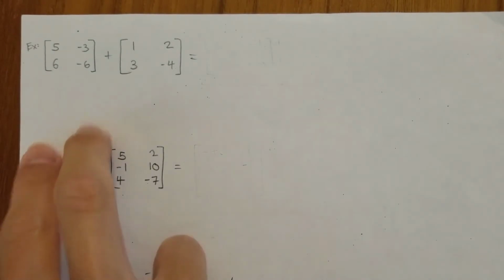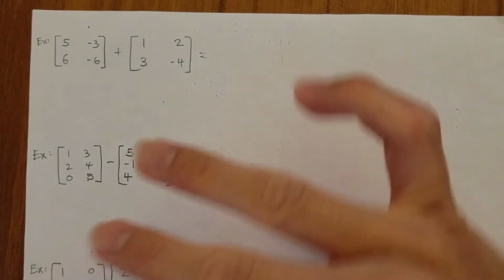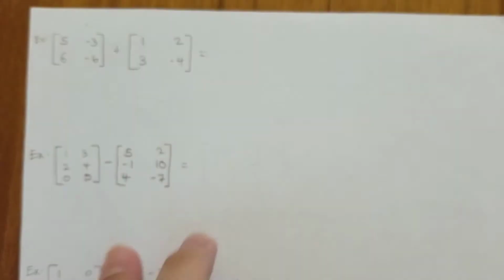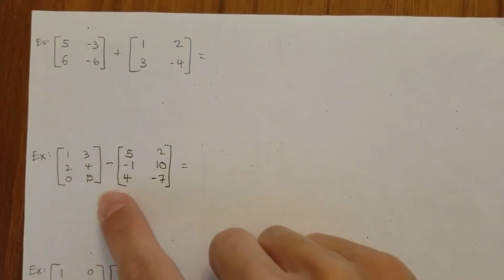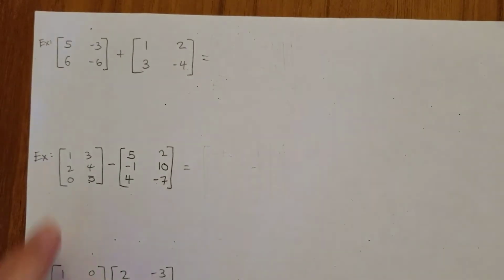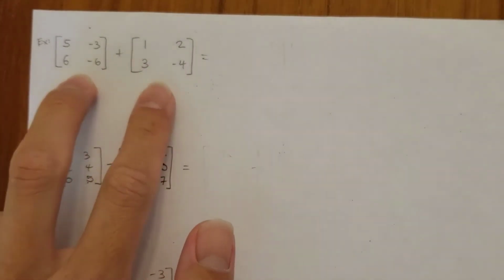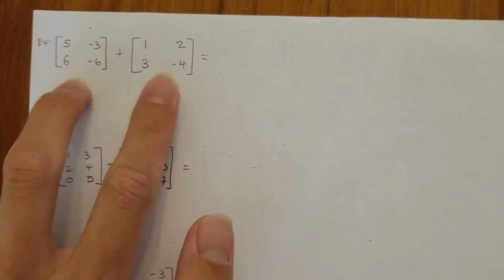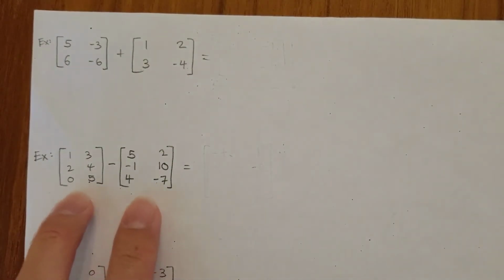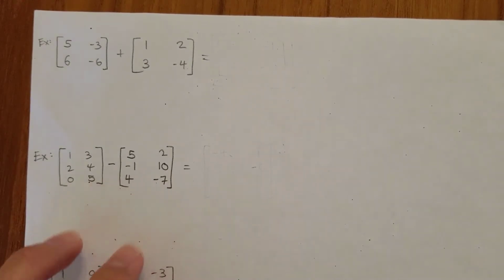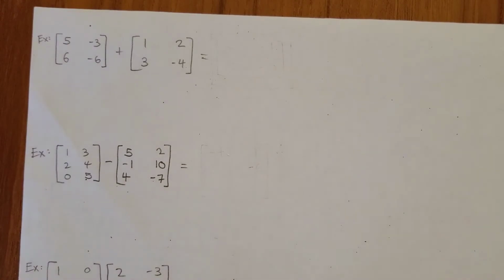This here is read as a 3 by 2 matrix because we have 3 rows and 2 columns. As long as the dimensions are the same, you can add 2 by 2 matrices together. As long as the dimensions are the same, then you can subtract 3 by 2 matrices.